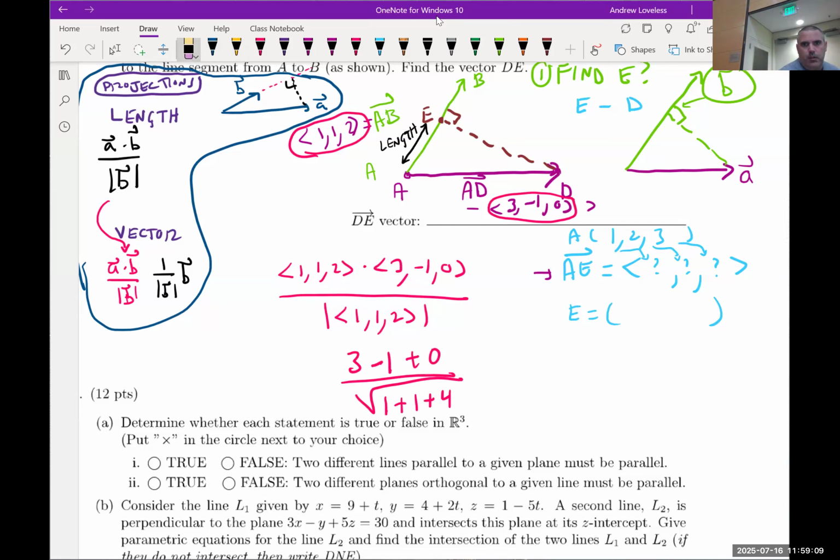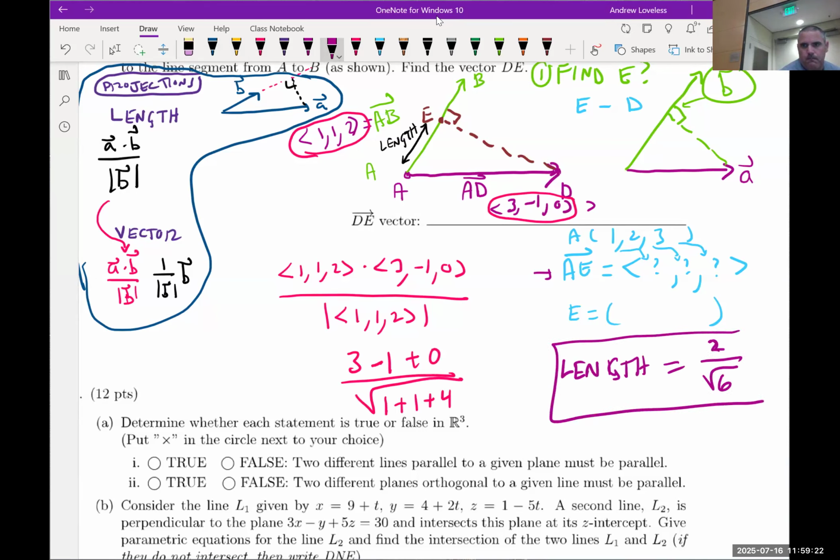There's quite a few old exams where I just asked for the length, and that would have been much shorter. So if I say, what is the length of the projection? You would say 2 over the square root of 6. And that's what this length is here. I would say the vast majority of the time when you're doing projections, that's all you need.